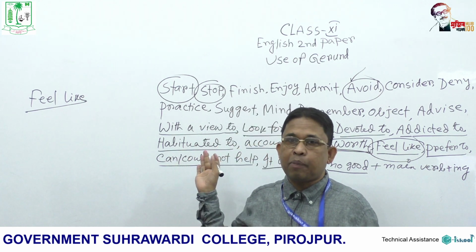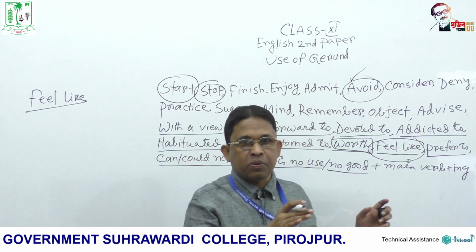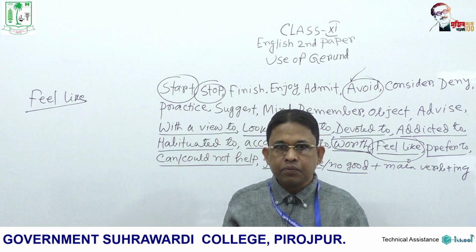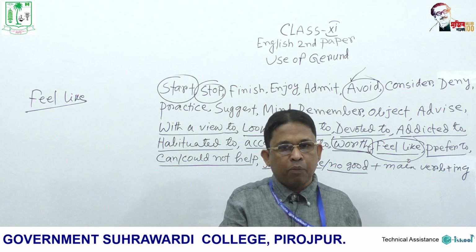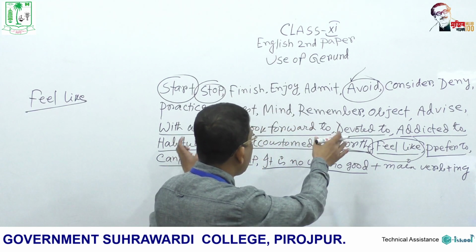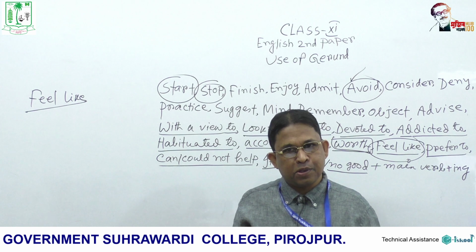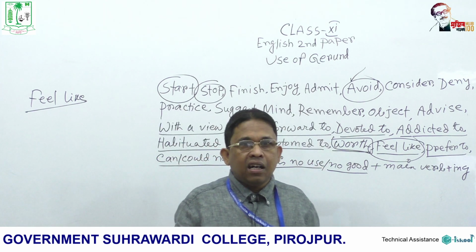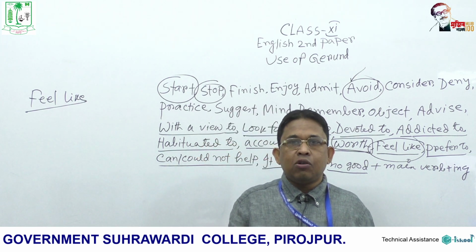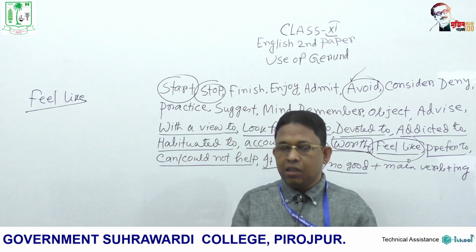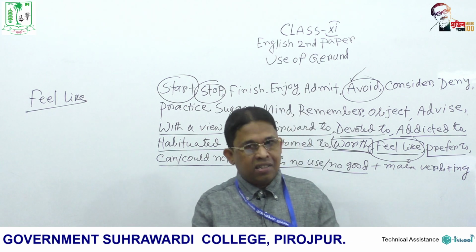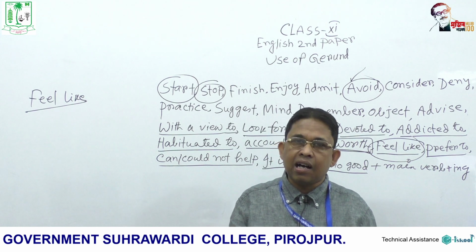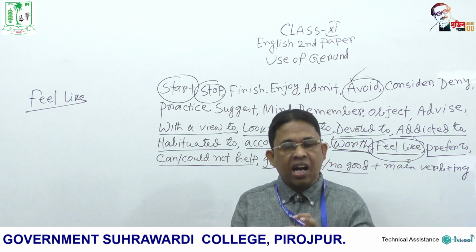Not only in the present form, but you can also use the gerund as the direct object after the past form of these verbs and phrases. You should remember this. After feel like we have to use the gerund, the ing noun, and after felt like, the past form of feel, you can also use the same rule.